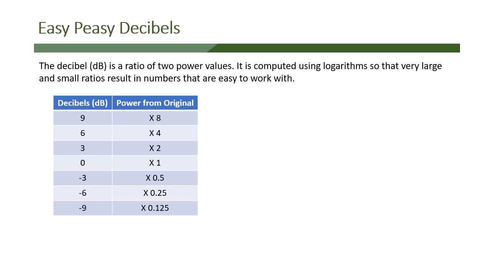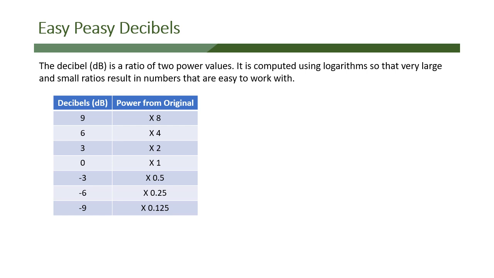At 0 decibels, if we have a 100 watt transmitter, the power from the original is going to be 100 watts output. If my amplifier is able to double the power, going from 100 watts to 200 watts, the decibels go up to 3.